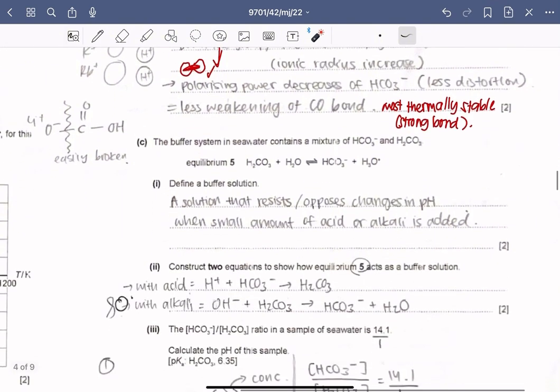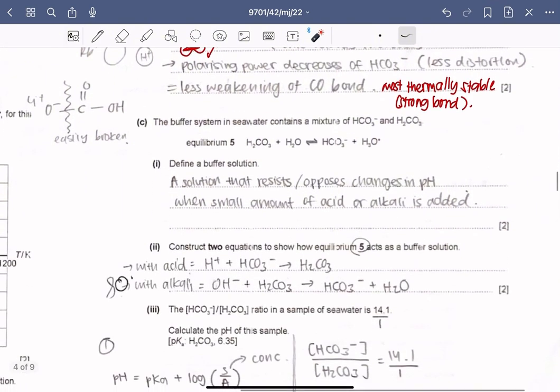Okay, part C: the buffer system in seawater contains a mixture of HCO3 minus and H2CO3. Equilibrium 5, this is the equation. Define a buffer solution. A buffer solution is a solution that resists or opposes the change in pH when a small amount of acid or alkali is added.